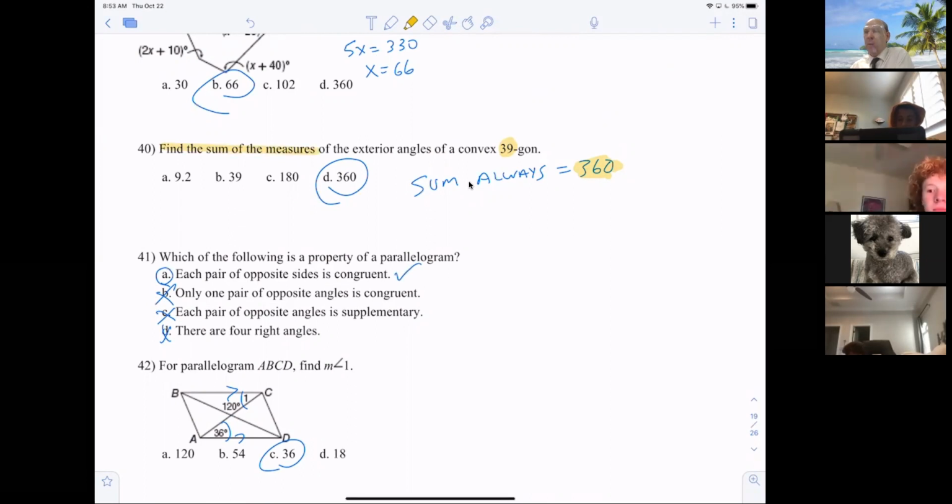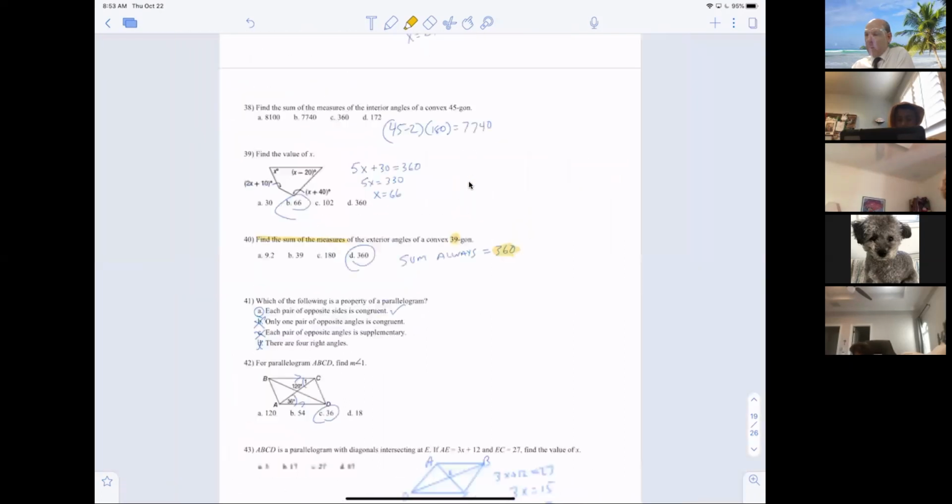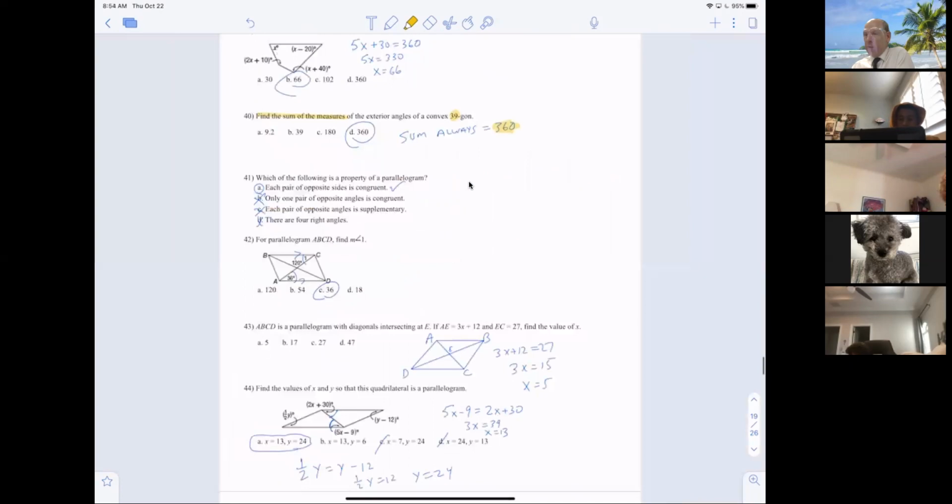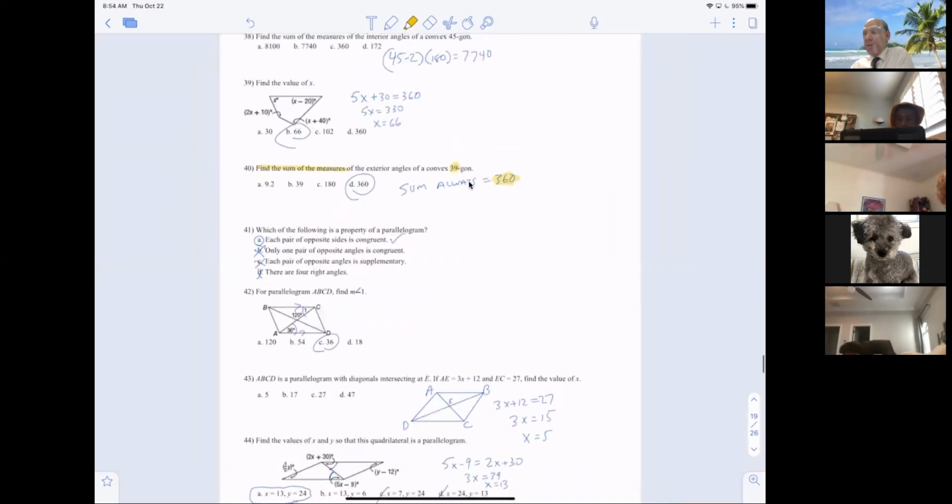If it wanted the measure of each exterior angle, you'd do 360 divided by 39. But it doesn't, it wants the sum. So you have to remember the exterior angles always add up to 360. All right, someone else here. Anybody else on this page?